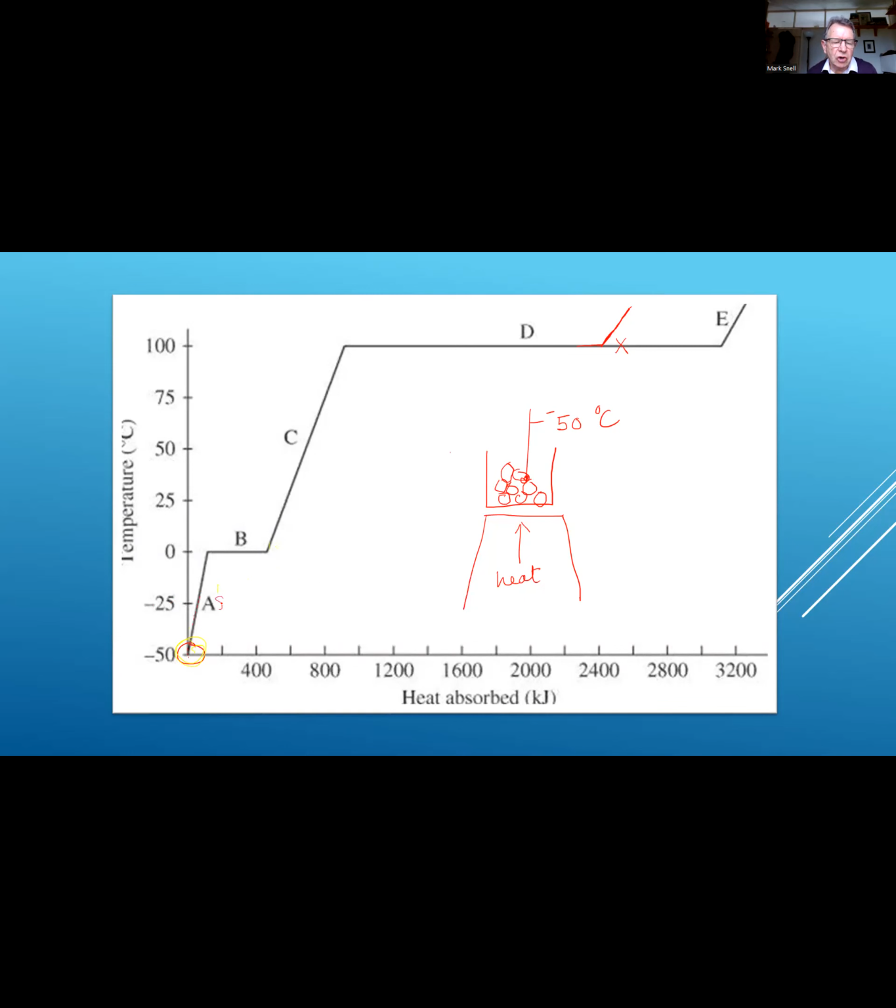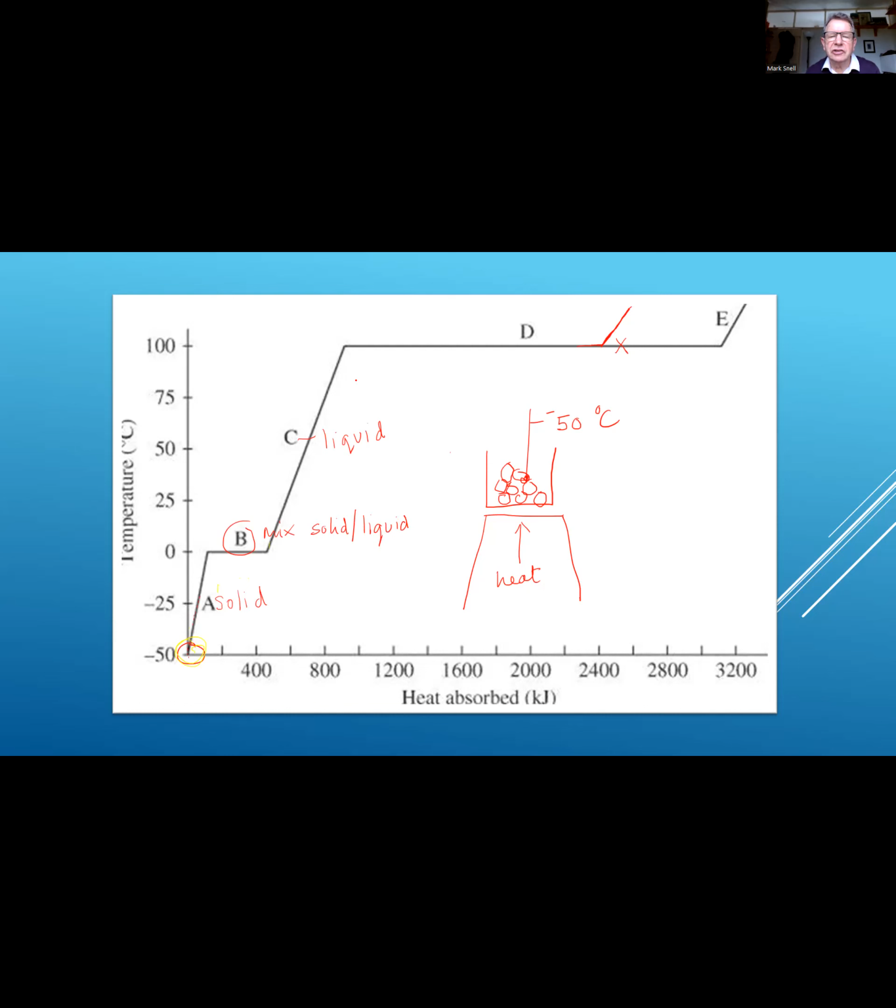So A is all solid. And C is all liquid. But B is a mixture of solid and liquid.